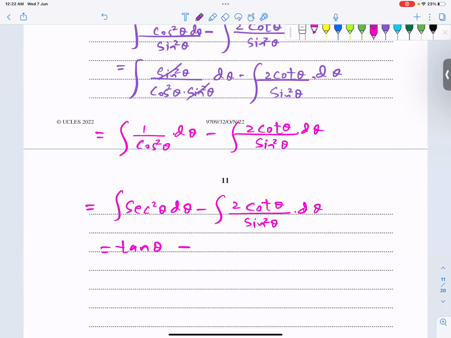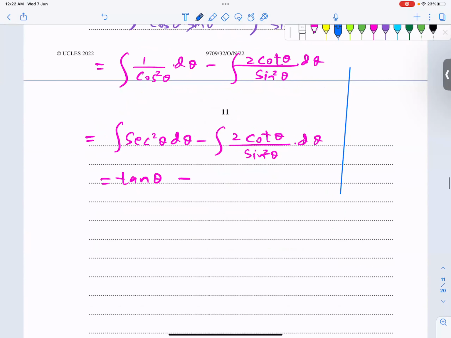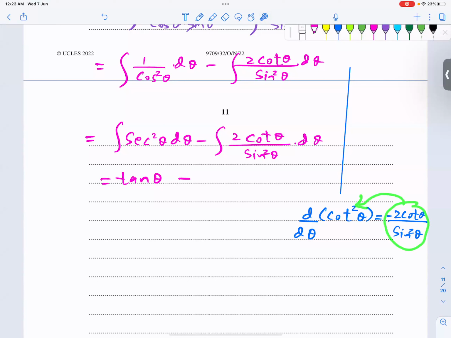If you pay attention to the first part, it is given that the derivative of cotangent square theta is equal to minus 2 cot theta divided by sine square theta. So if this is the derivative, the integration of this part will give you this function. We have studied this concept many times, so I'm just using it directly here.